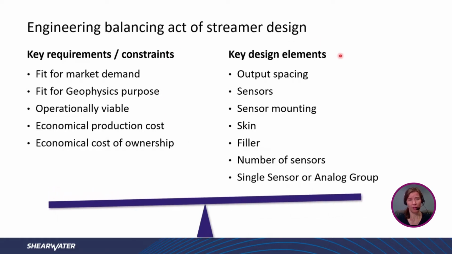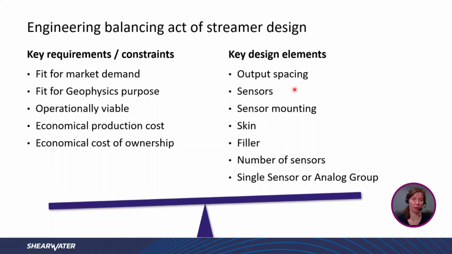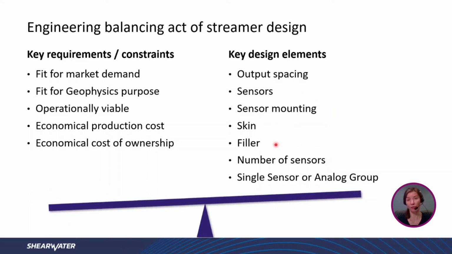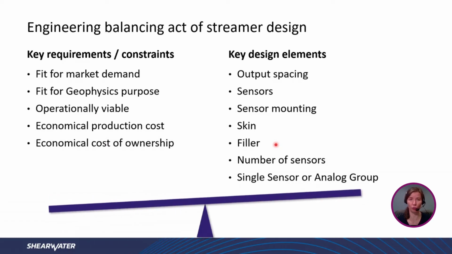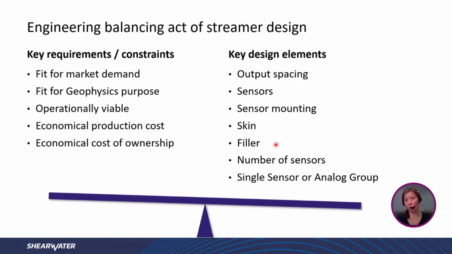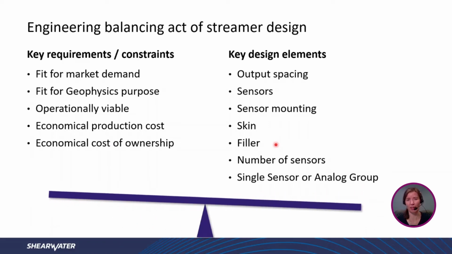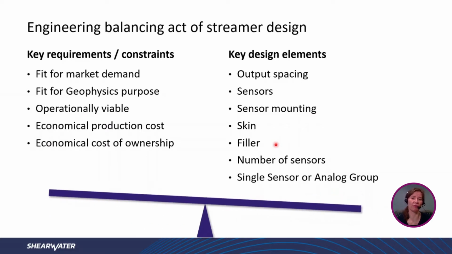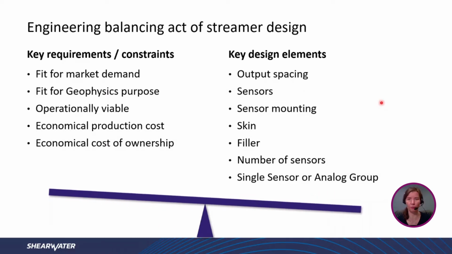On the other side, you have the key design elements, which are your output spacing, your sensors, your sensor mounting, your skin, your fillers, the number of sensors you may use, and whether you go for single sensor or analog groups. For instance, your output spacing needs to be fit for the geophysical purpose, but a dense output spacing may drive the number of sensors up, which in turn affects your production cost. So it all links into each other.